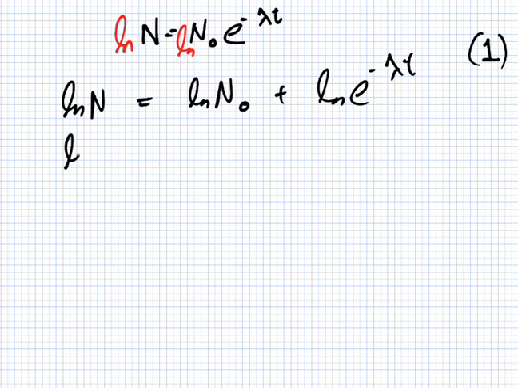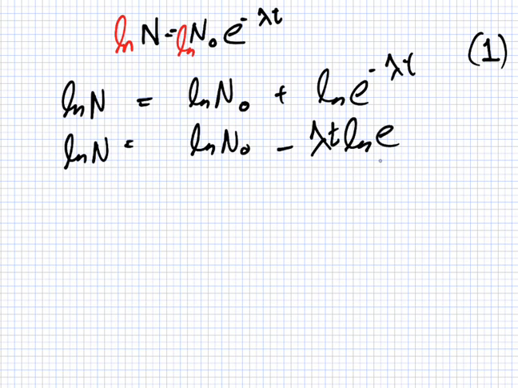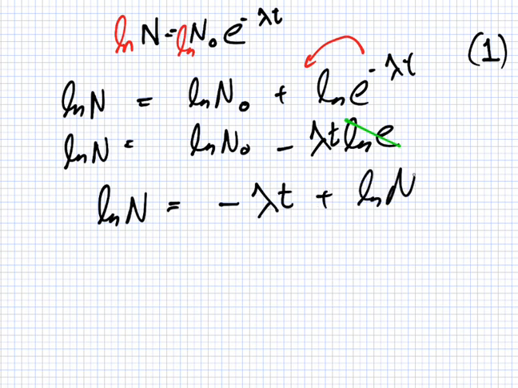You remember that rule? And now I have log n equals log n0 minus lambda t log e. Because next I can bring this down. That's like rule 4 or something. What's log of e? It's 1. So you get log n equals minus lambda t plus log n0.